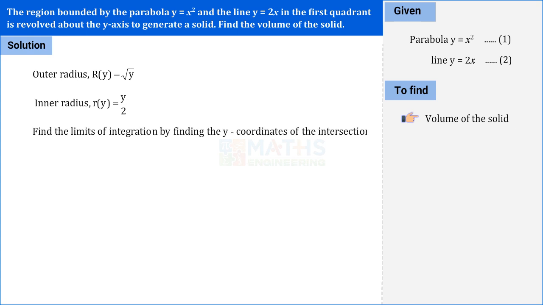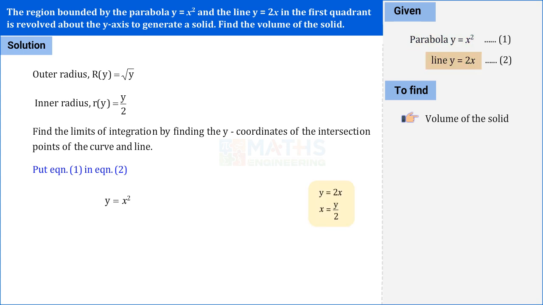Now we are going to find the limit of y. We start with first equation, y is equal to x square. From the second equation we have x is equal to y by 2. Substitute that in equation 1. We can write the right hand side as y square by 4. Denominator 4 can be taken to the opposite side.